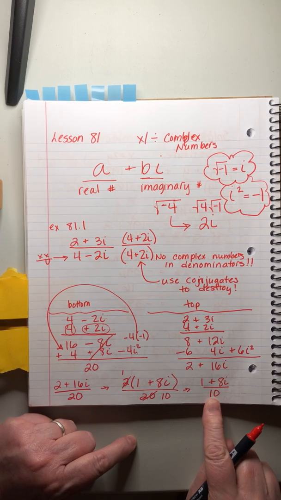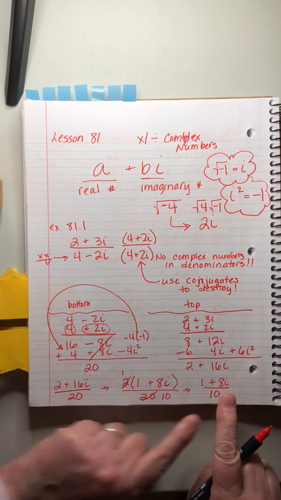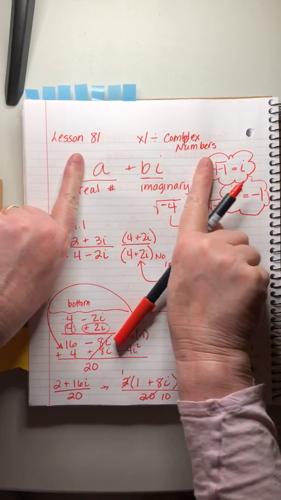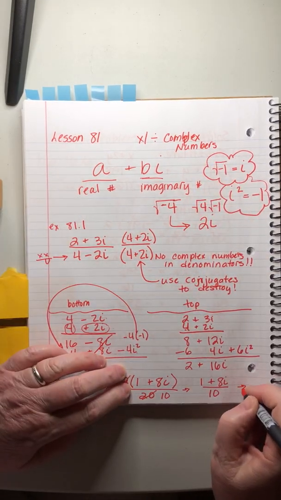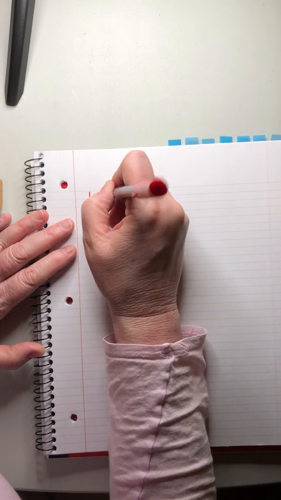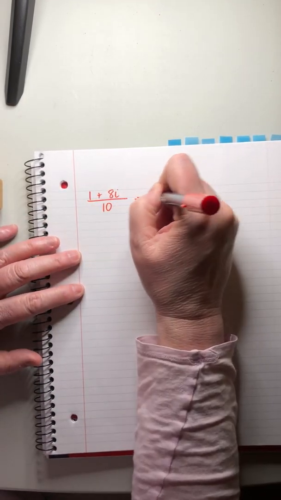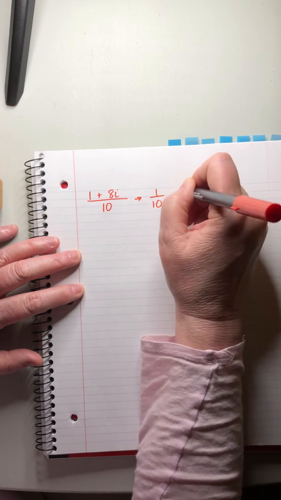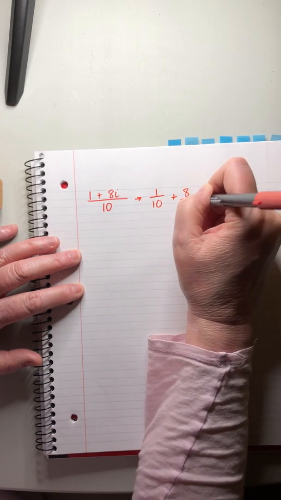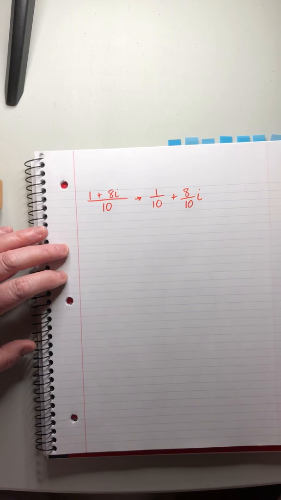But that is not the way we like to write complex numbers. They have to be completely separate. So, on to the next page. Let's see, we had 1 plus 8i over 10. Now we separate 1 over 10 plus 8 over 10. And now I'm going to make the i float, even though that is not my jam.